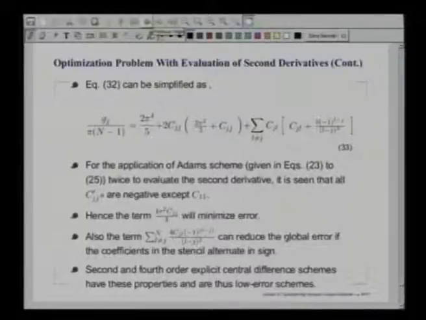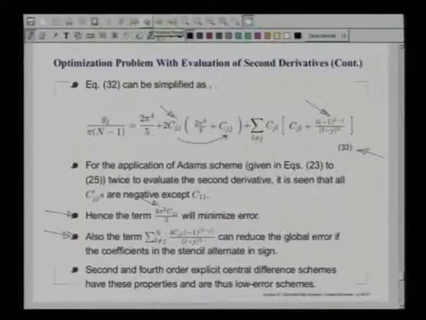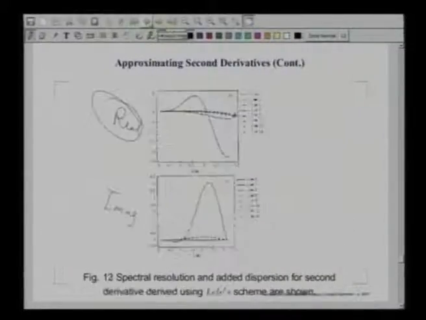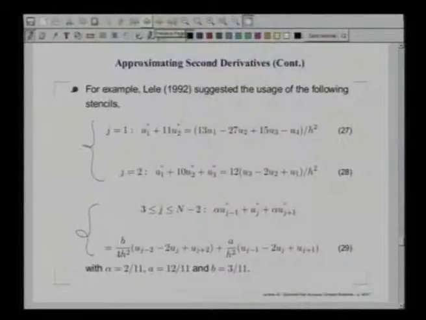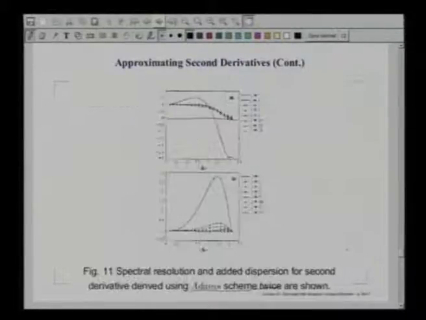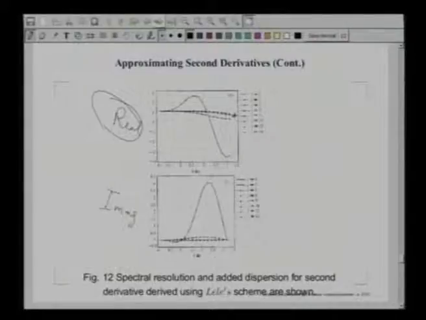And we have seen Cayley's scheme here; Cayley's scheme actually does take care of that. You take a central scheme, you do not want added dispersion due to second derivative discretization, and the boundary points are also very nicely taken, and that is why you do get the following property.